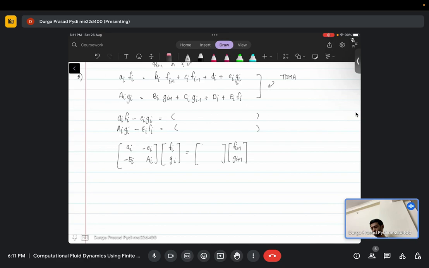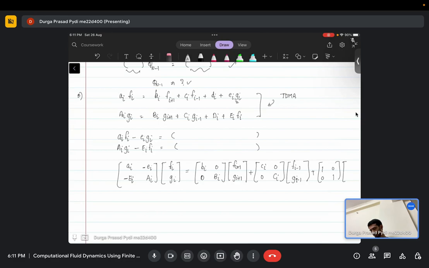So the coefficients will be bi 0, 0, bi. Similarly you have ci 0, 0, ci, times Fi minus 1, Gi minus 1, and then you have an identity matrix, just the identity matrix, so you write di and di.